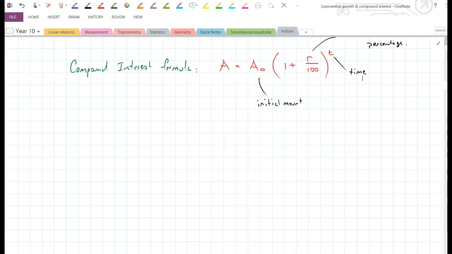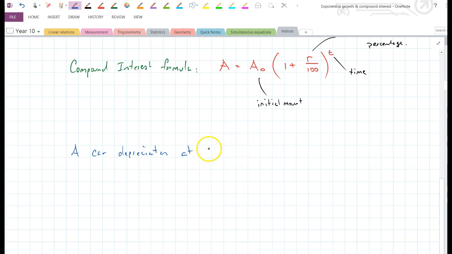Okay, so that's a fairly straightforward formula in order to calculate compound interest investments. Okay, we can look at an example where we have a decreasing value. So we're just taking this example out of the textbook, or I might just make up another one actually. A car depreciates, so everyone knows that cars depreciate in value.